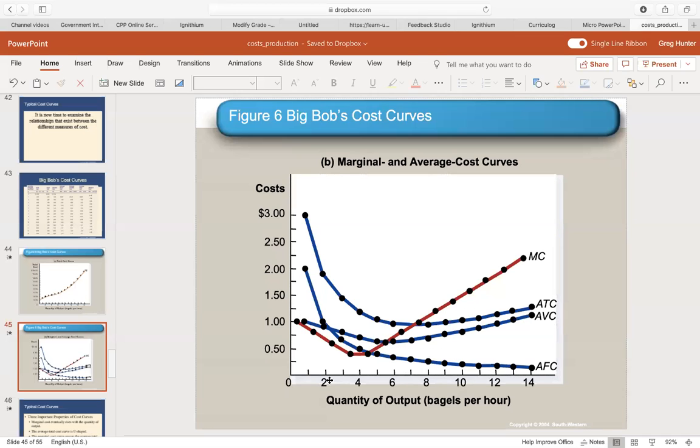But where the marginal cost intersects the average variable cost, it looks like that's at about what? Like 5.5 units. Yeah. That is not called an efficient scale. There's just one. Scale has to do with the size of the business, so we measure it in terms of the amount of output.